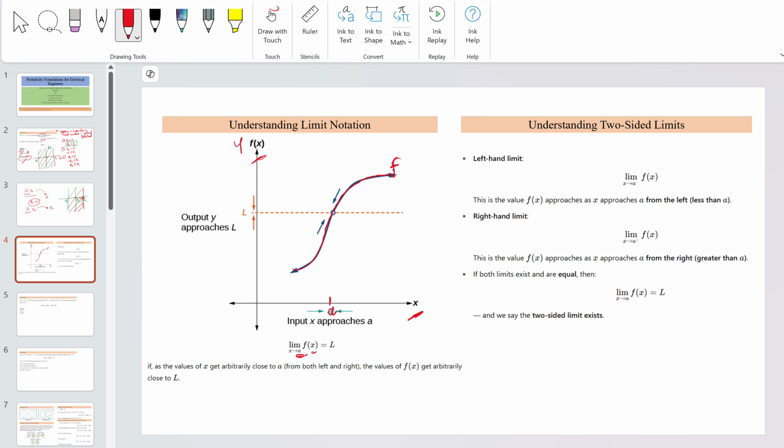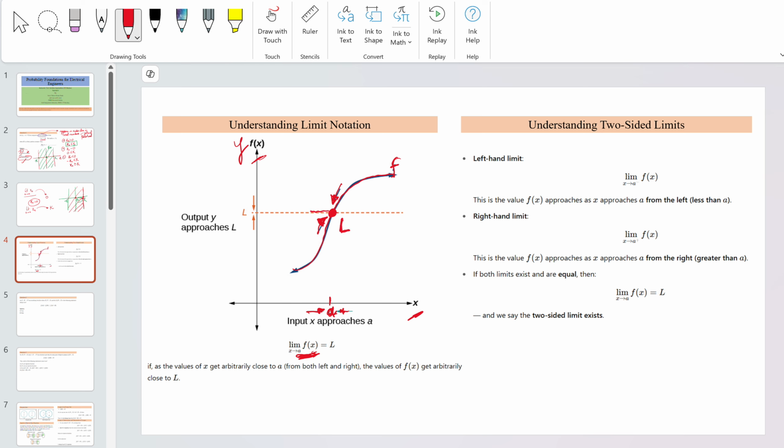So x tends to a. It can be approached from the downward side also, it can approach from the upward side also. That is called the left hand limit or the right hand limit. And the second part is that if x is approaching a, then f(x) will approach l, this point.